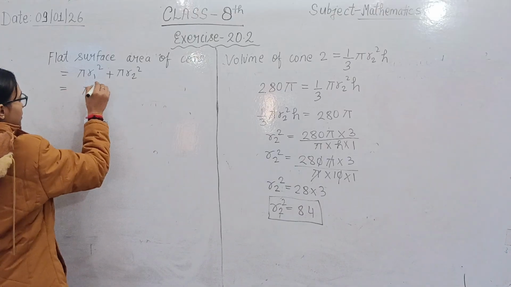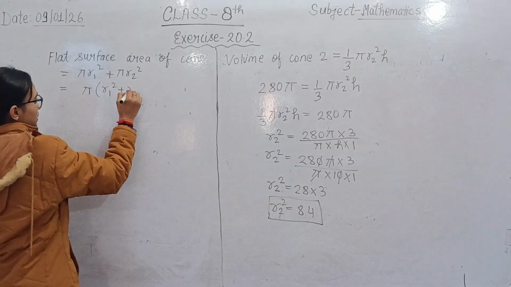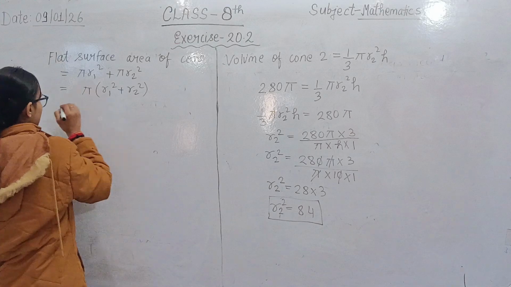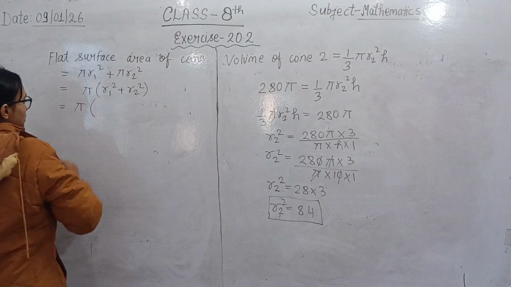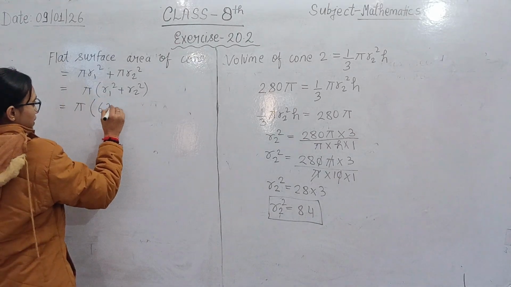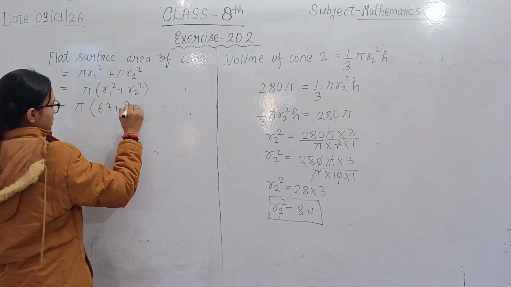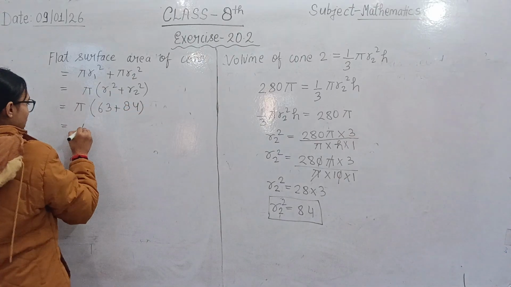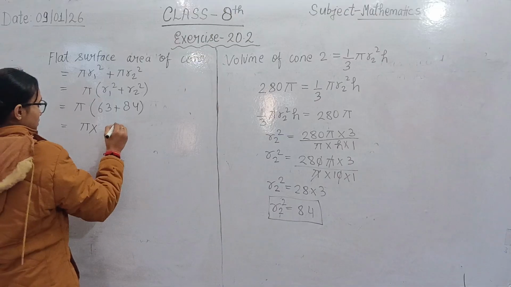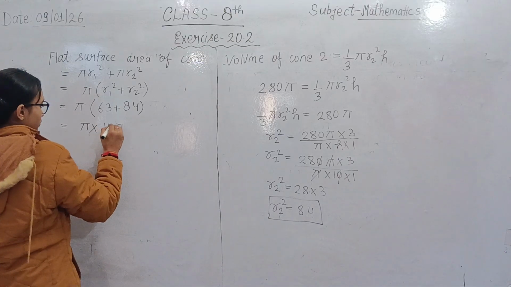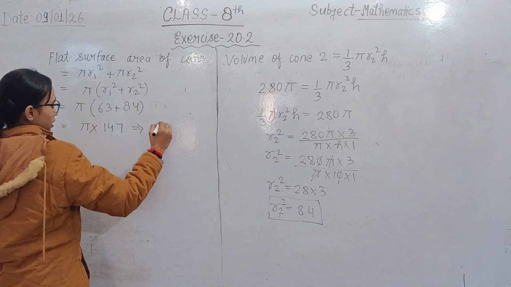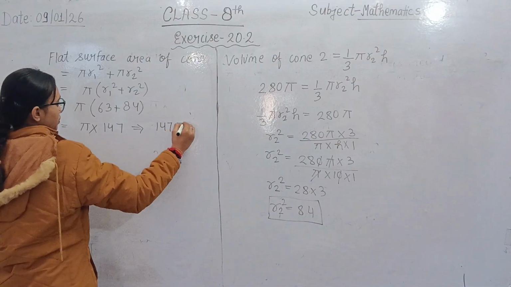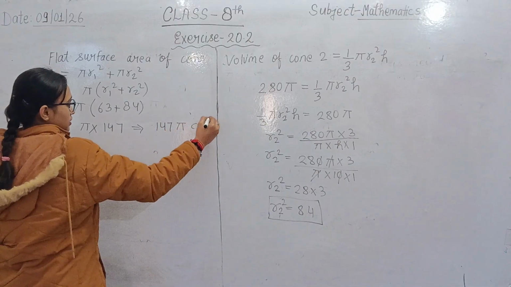So pi (r1 square plus r2 square). 63 plus r2 square is 84. On adding this, we get 147. So it will be equal to 147 pi. Unit will be centimeter square.